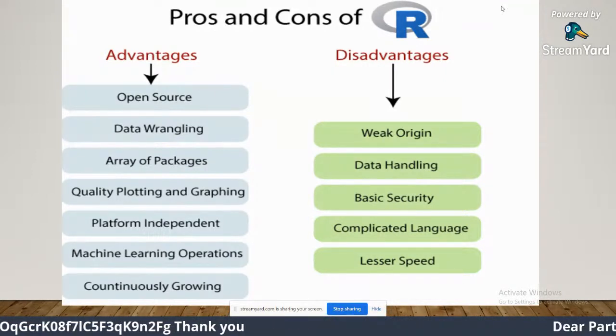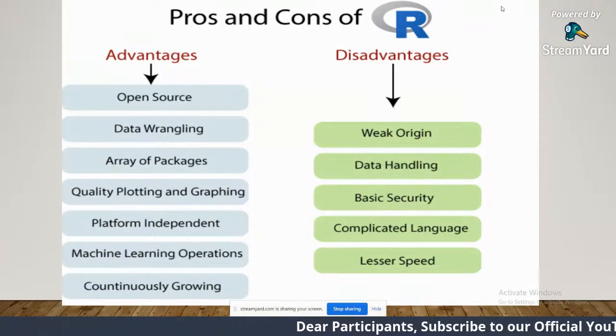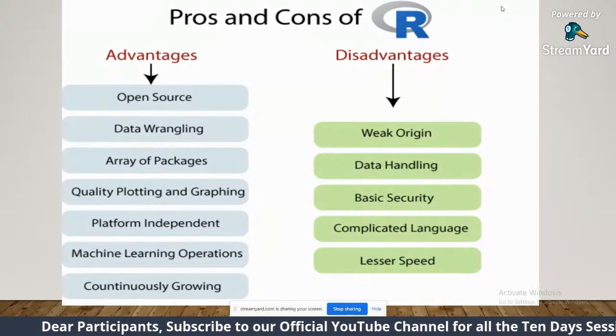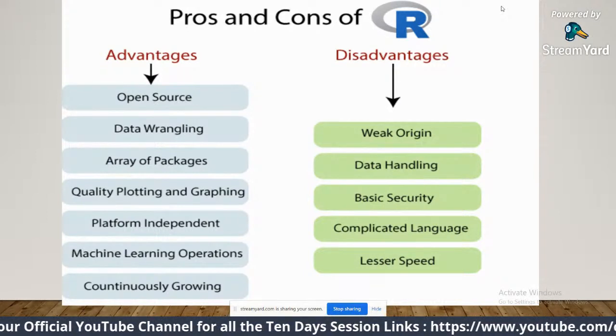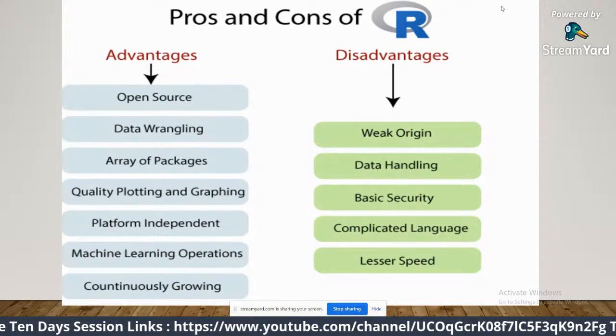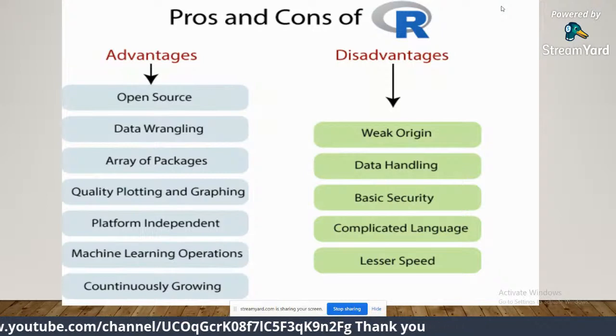It is a slightly complicated language, because those who are new to programming languages cannot just jump into R immediately. They have to have basic knowledge of some programming language and then they can come into it. That's the reason they call it a complicated language. And compared to Python, the speed is lesser, that is in the calculation part of it. So these are the pros and cons of R.